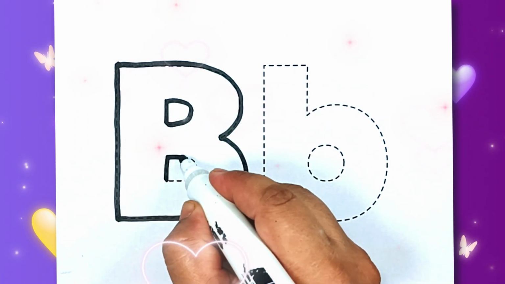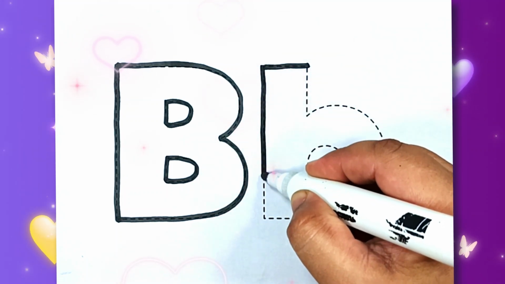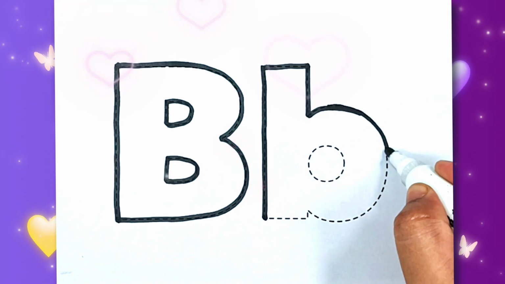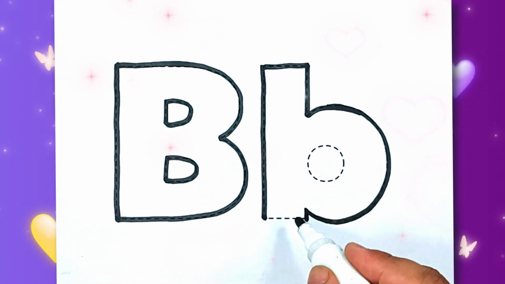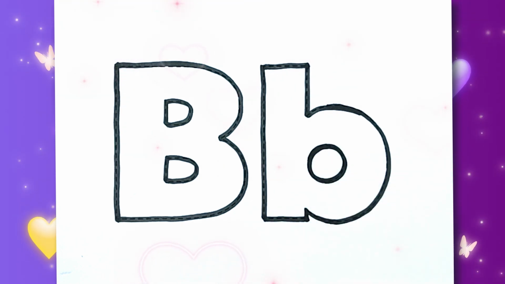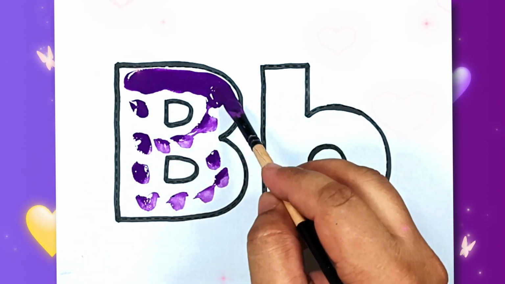A, B, C, D, Uppercase B, H, I, J, K, L, M, N, O, P, Q, R, S, T, U, V, W, X, Y, and Z. Now I know lowercase my b. ABCs. Next time, won't you sing with me?